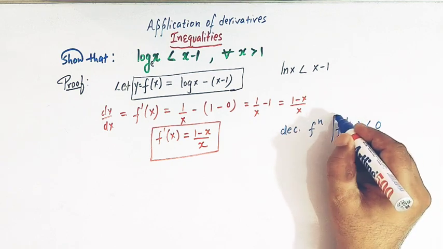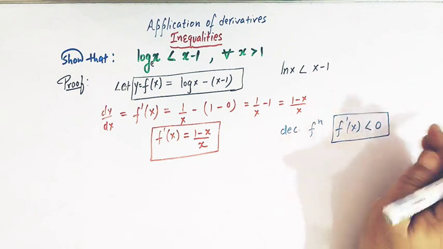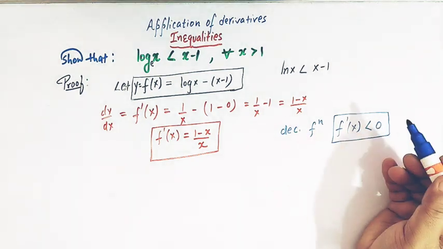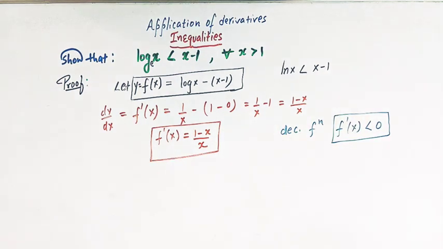So this is the definition of a decreasing function. So whenever the slope of a function or a curve is less than 0, then we can say that the function is a decreasing function.